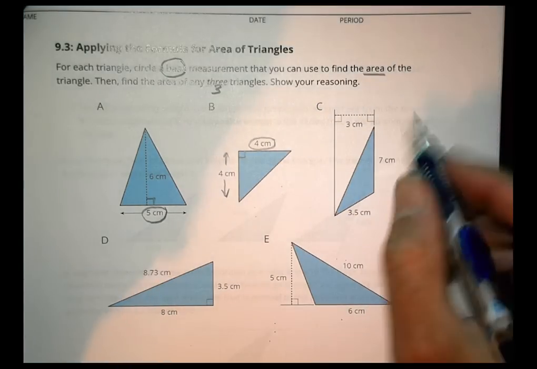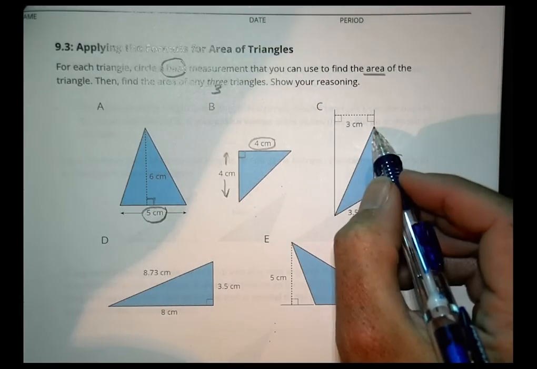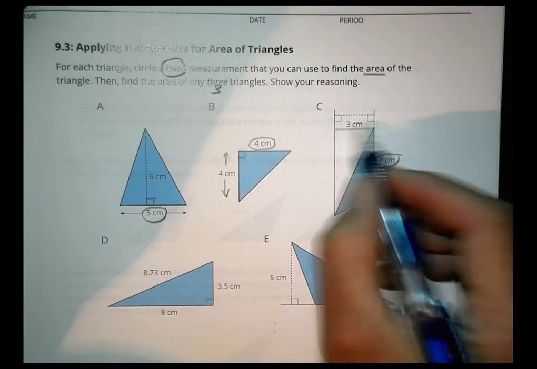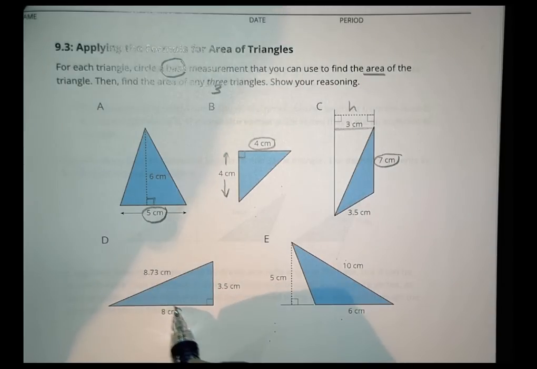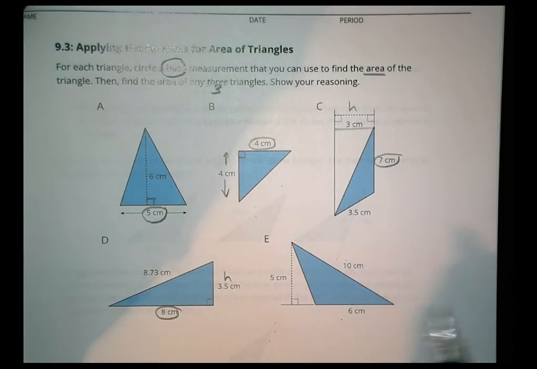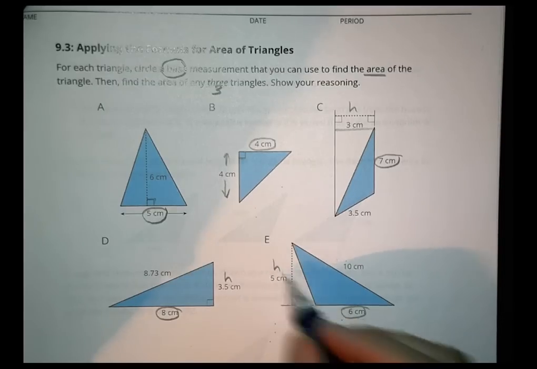I'm going to go ahead and call this the base. And the reason I'll call that a base is because I do have this line that extends this way, making the perpendicular line there. I can call this my height. Over here, I can call this my base, and refer to this as my height. And this last one, this becomes my base, and this perpendicular line there becomes my height right there.